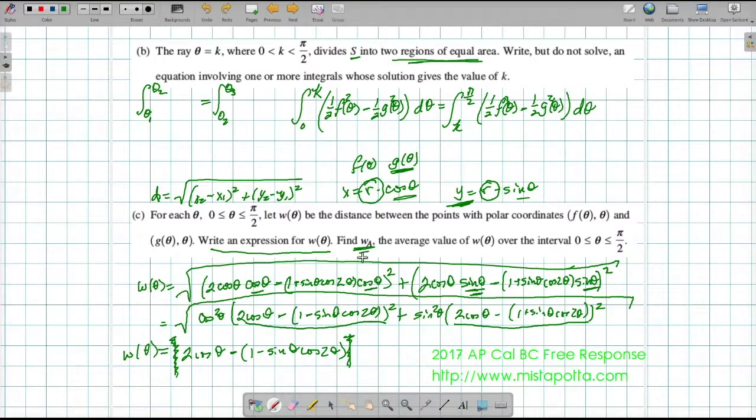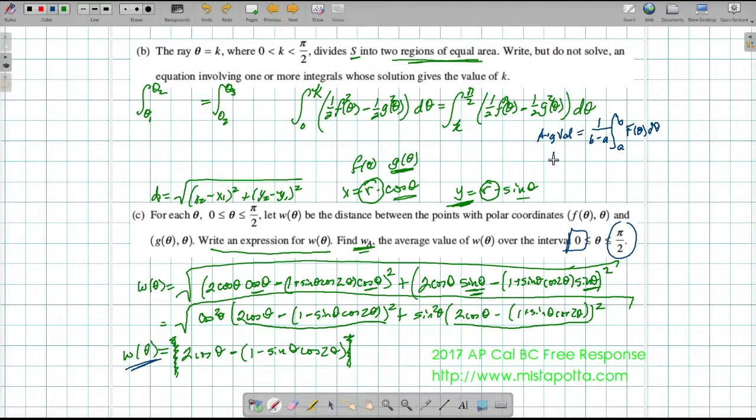So it says find wa, the average value of w of theta, over the interval 0 to pi over 2. Now, recall, and I'm going to do this in a different color just so it's not as confusing, that the average value is 1 over b minus a times the integral from a to b of whatever my function is. My function in this case is w. b is pi over 2, and a is 0.